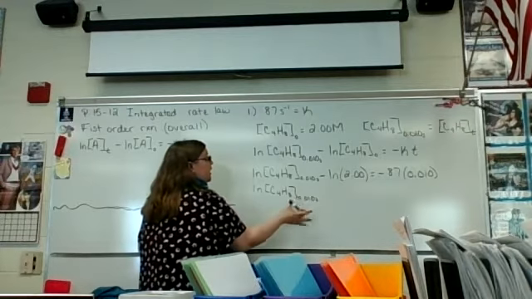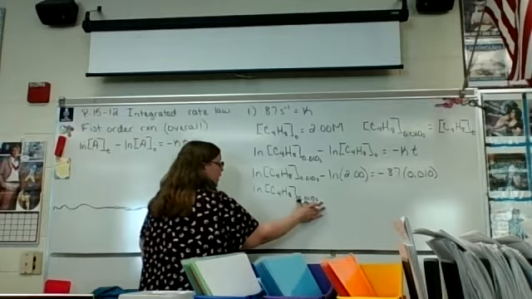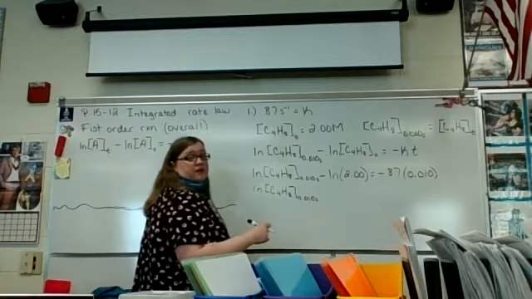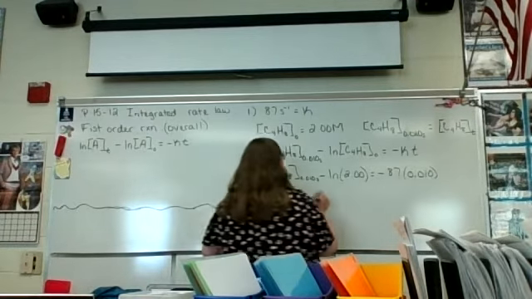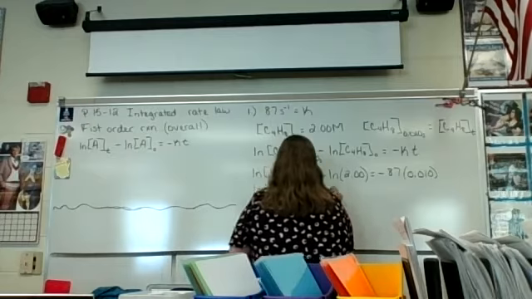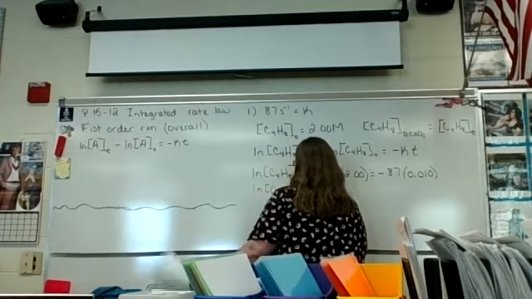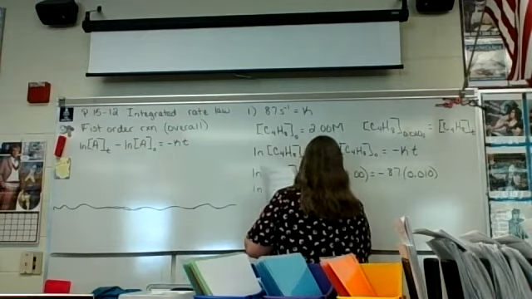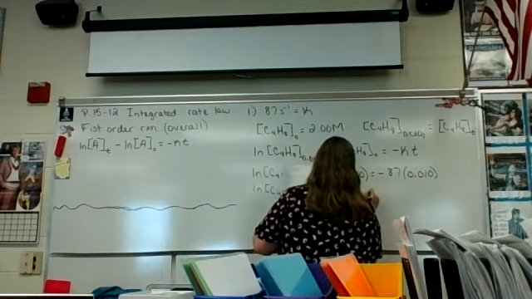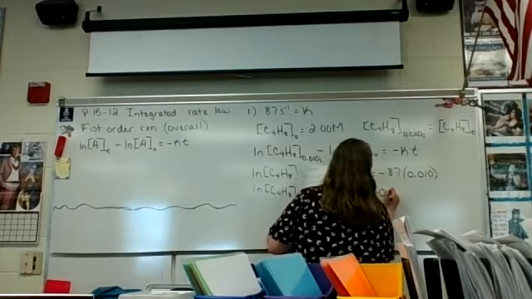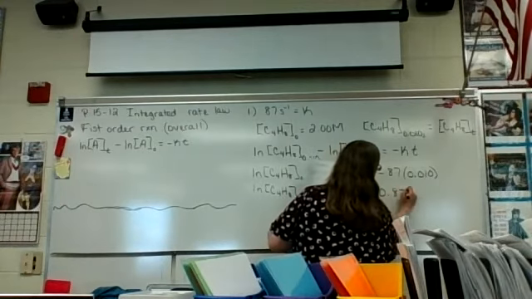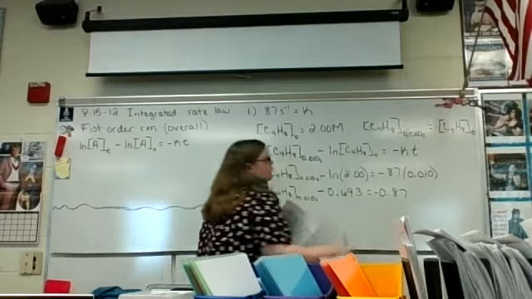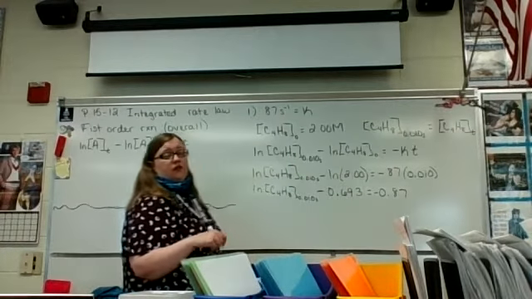That's just telling us this is the concentration after 0.010 seconds. And you're going to subtract that. The natural log of 2 is 0.693, and that's going to equal negative 0.87 because we did 87 times 0.010.